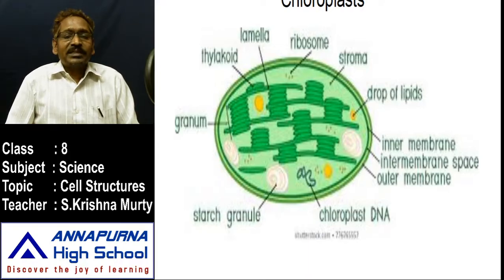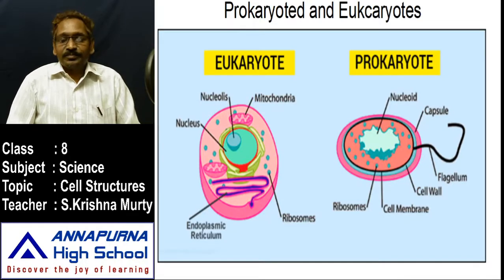So later we will discuss chloroplast and eukaryotes and prokaryotes. Okay, listen. Prokaryotes and eukaryotes. What are prokaryotes and eukaryotes? I think you know very well about prokaryote and eukaryote. While studying the nucleus, some organisms have a well-developed nucleus and some organisms do not.